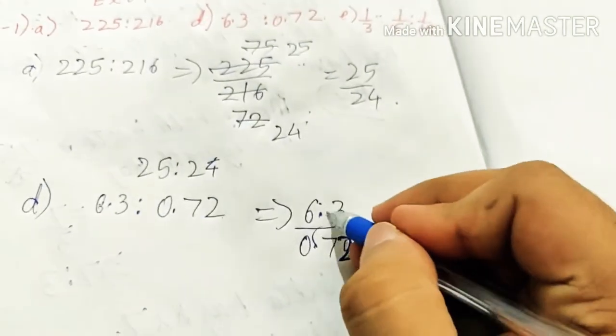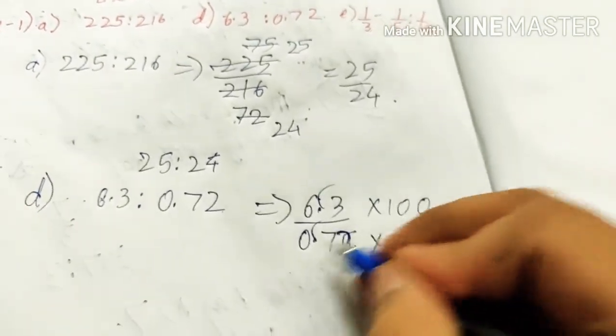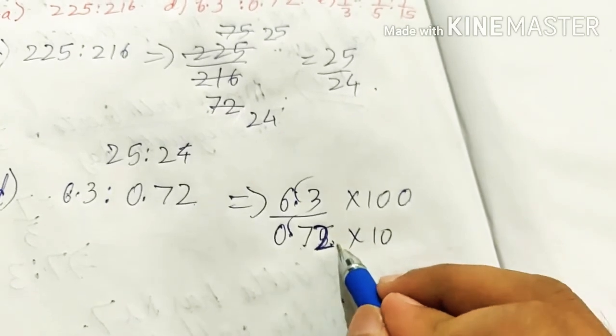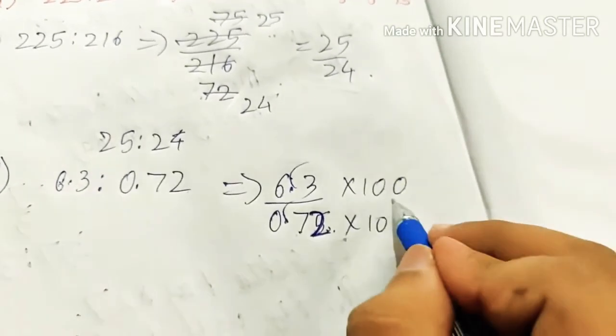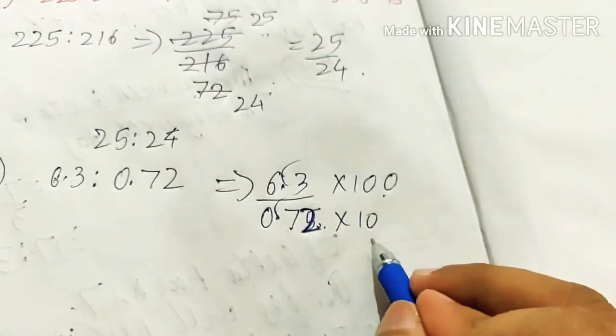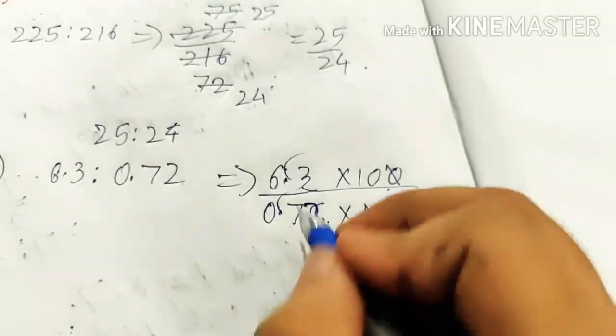We will remove the decimal: as there are two places after decimal, we get a 100 here, and here is one place after decimal, so we write 10 down. So this 0 and 0 will be cut.